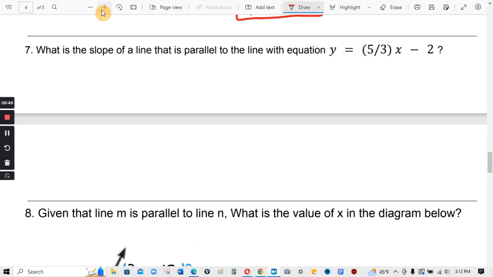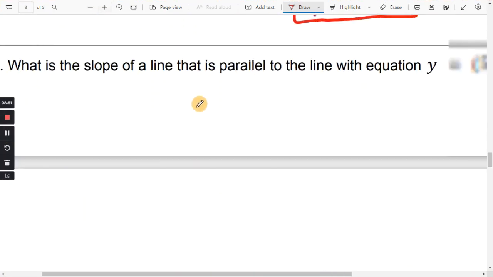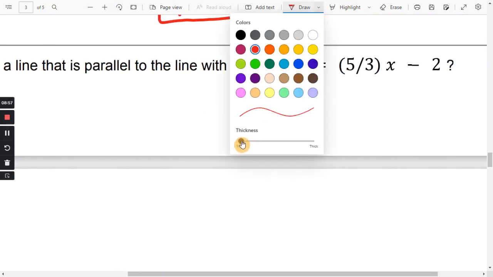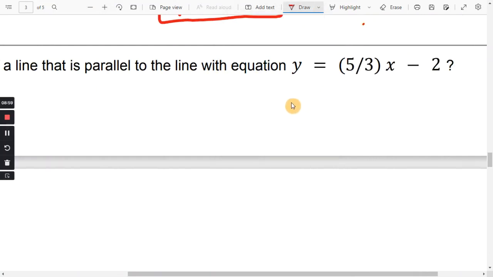Number 7, what is the slope of a line that is parallel to the line with the equation y equals 5/3 x minus 2? Okay, you can see this is in the form of y equals mx plus b. So clearly m is 5/3, and a parallel line has the same slope.